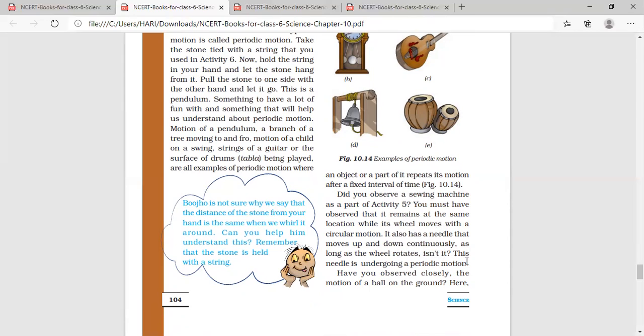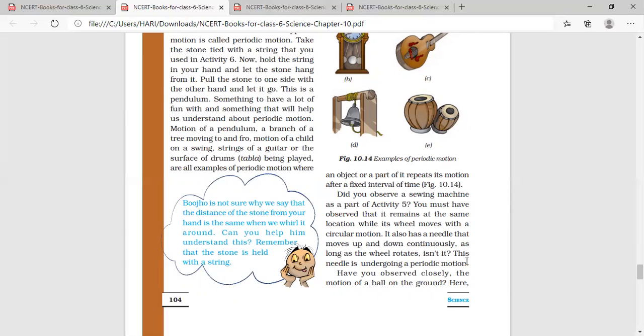Now we will take the case of a moving sewing machine. When the sewing machine moves, it does not change its position, but some parts of the machine undergo many types of motion. The wheel is rotating, moving around a point. That means it undergoes circular motion.